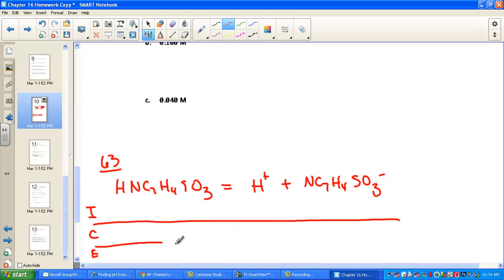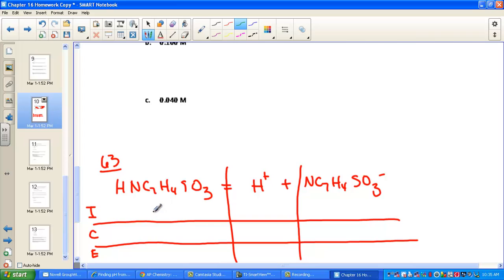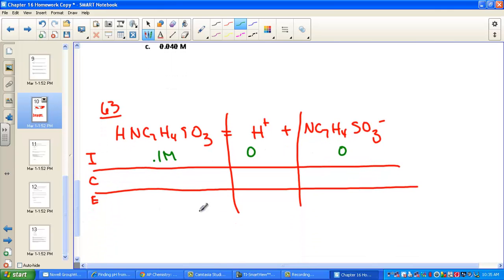This one has already eliminated the water for us. We were given the initial concentration of the acid as 0.1, and no ions have been made yet. When we want to know pH, this is the box we need: the negative log of the hydrogen ion concentration. So this is what we're going to solve for.